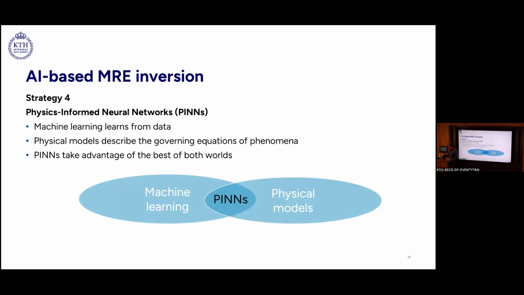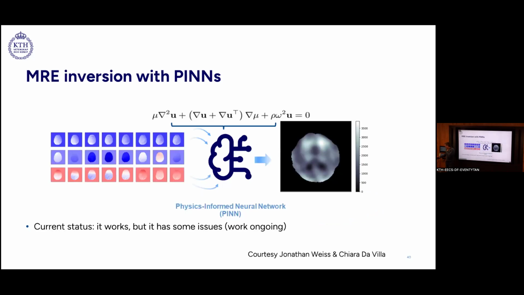And this is very useful here because, of course, we know the equations of the wave propagation. So we can enforce these physical models into the machine learning. Actually, we did some experiments on that, MRE inversion with PINNs, and I would say that it works. It's fine. It has some issues as well.